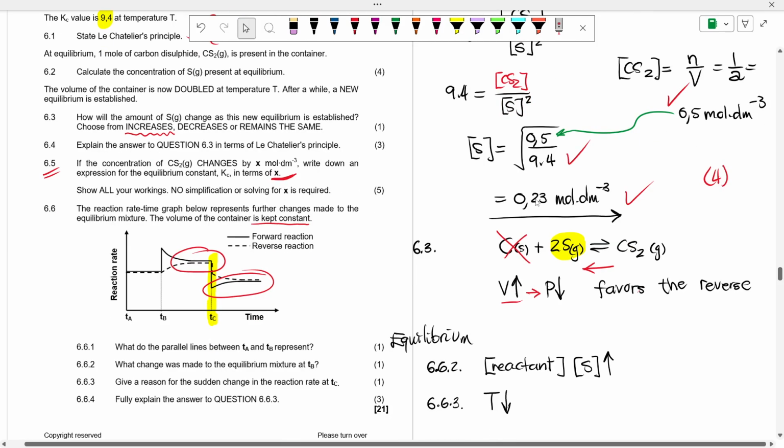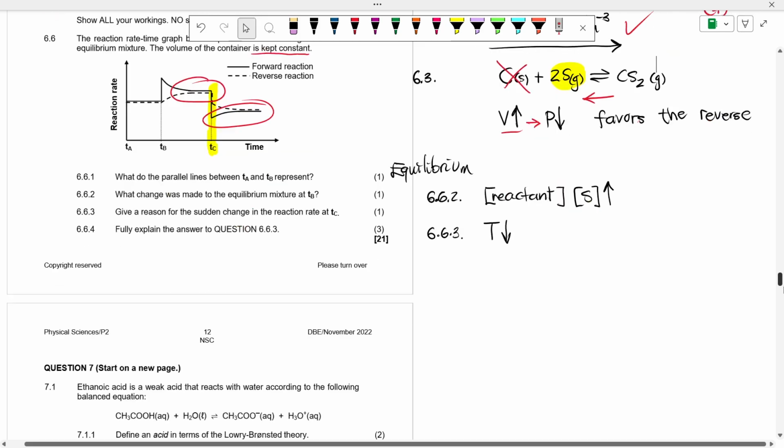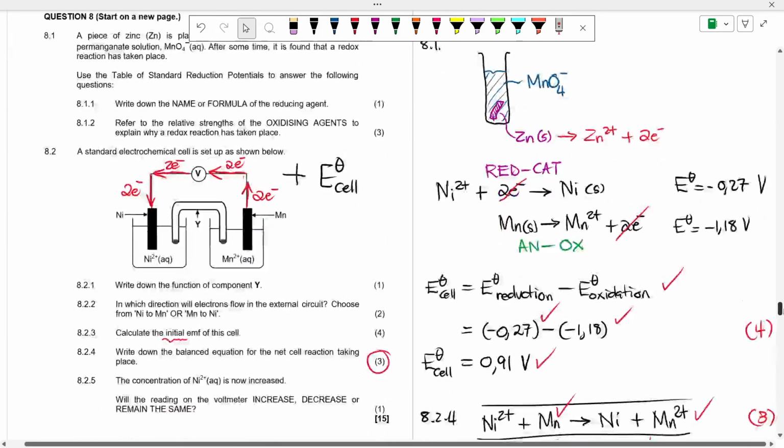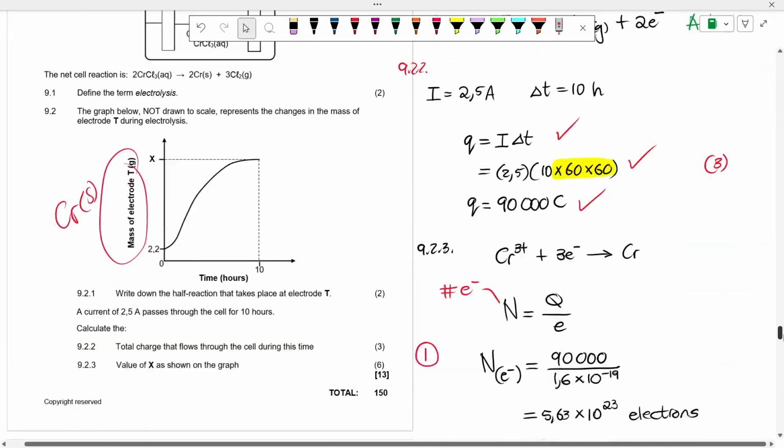So can't we use that to actually find the number of moles of sulfur, since we know the volume? This was the first equilibrium, remember? Yeah, I can definitely use that to find the moles at the first equilibrium for sulfur.